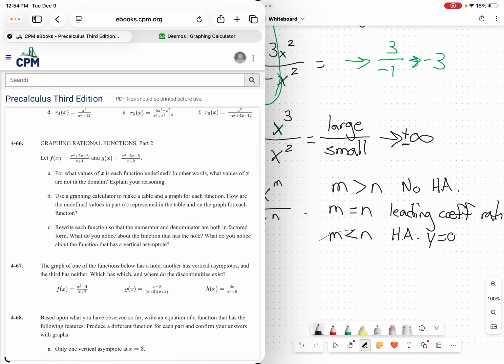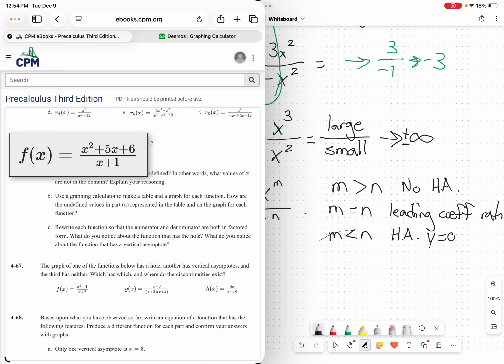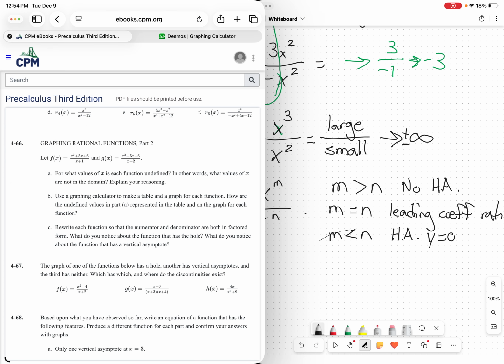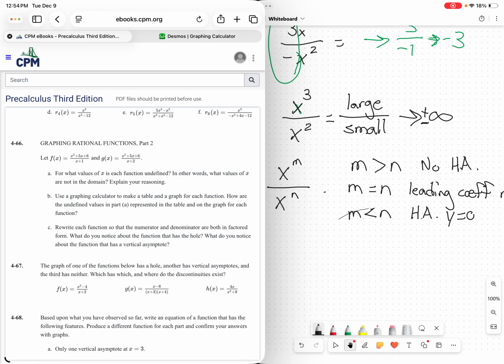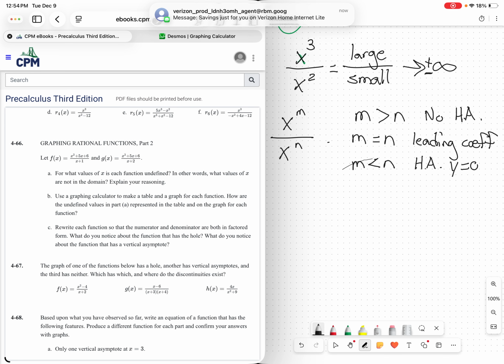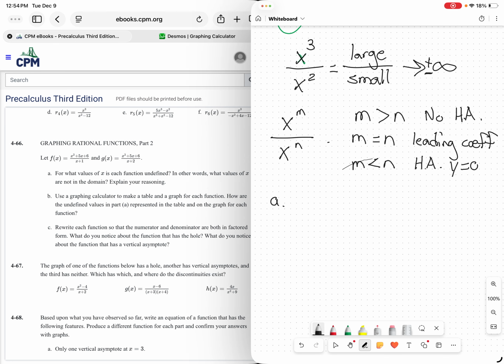Okay, so now let's look at the other thing. So we have this function, right, and we have this function. And so it says, for what values of x is each term undefined? So for x values, we're talking about what could x not be? Well, again, we can't divide by 0 in math. So if we're looking at this, for f of x, we have x squared plus 5x plus 6 over x plus 1.